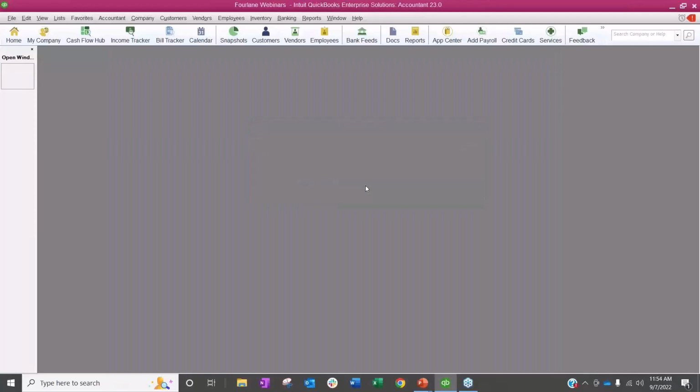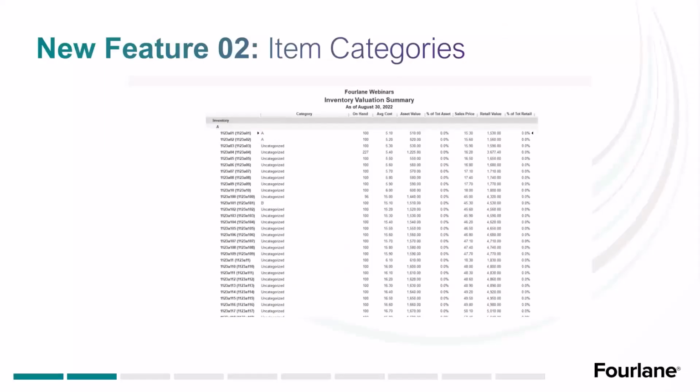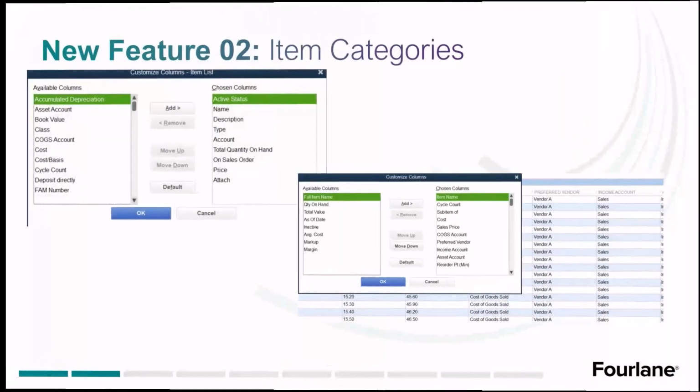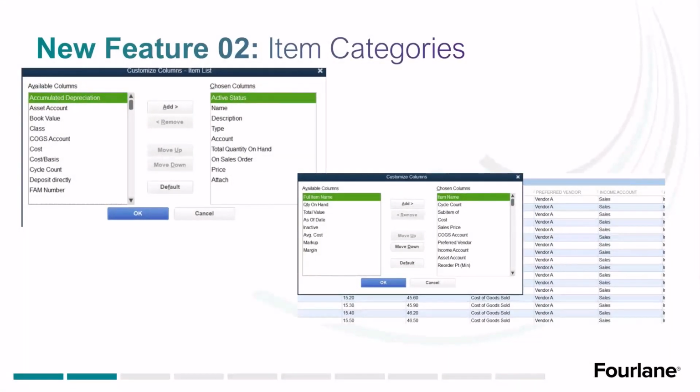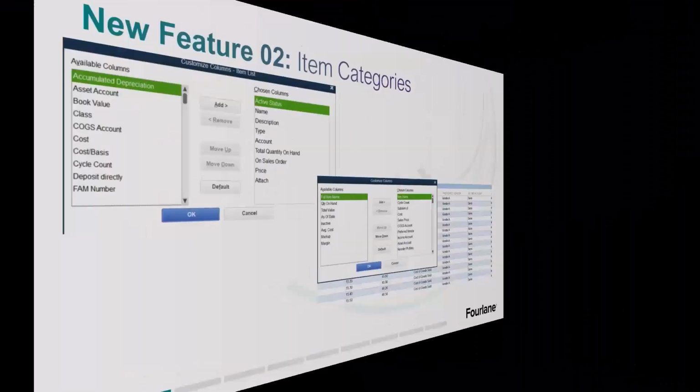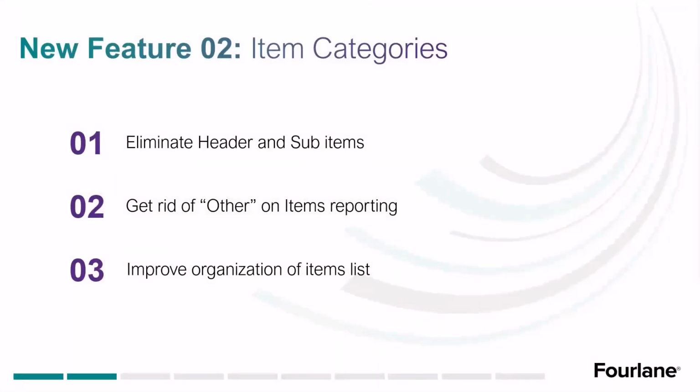Is it functional? Not fully, but it's good to know that it's there. So again, eliminate headers and subs, hopefully get rid of other on items-based reporting, and then improve organization of items lists. Let's go into our next feature.